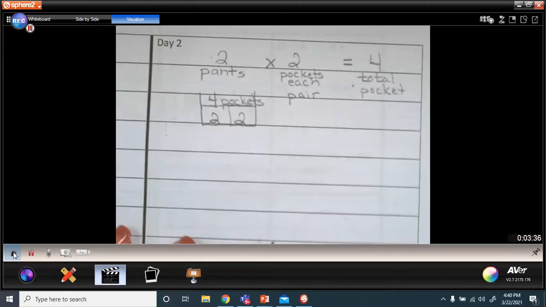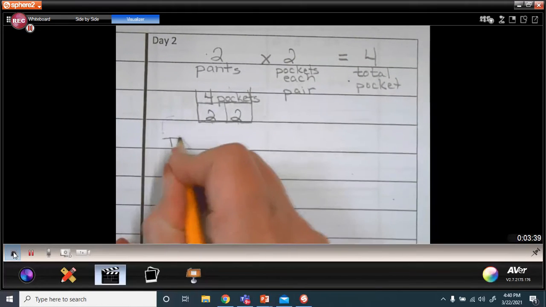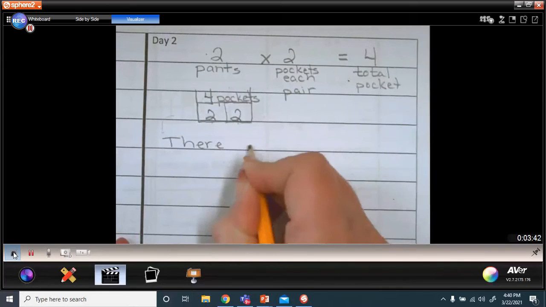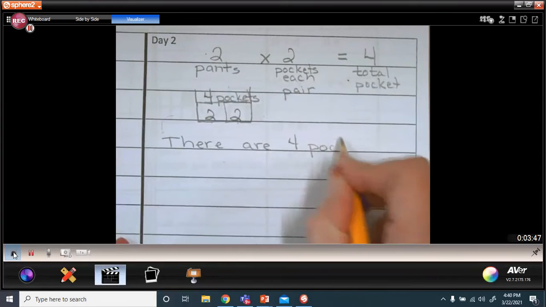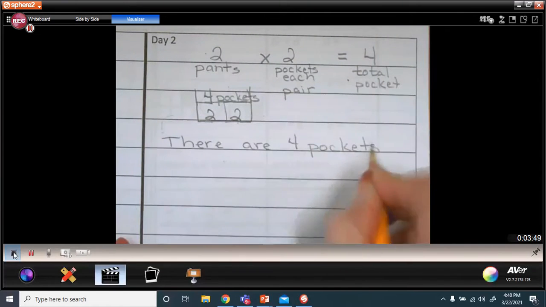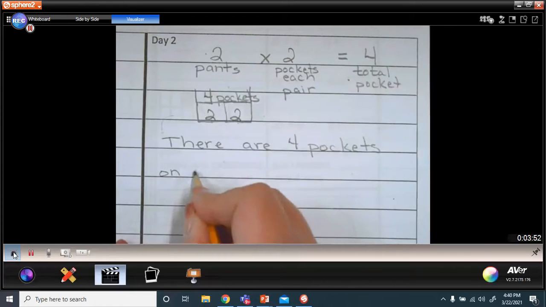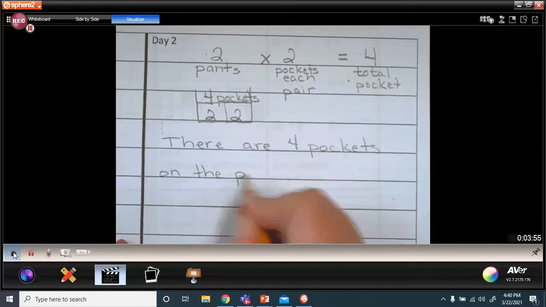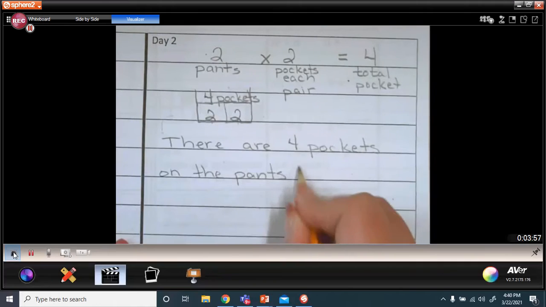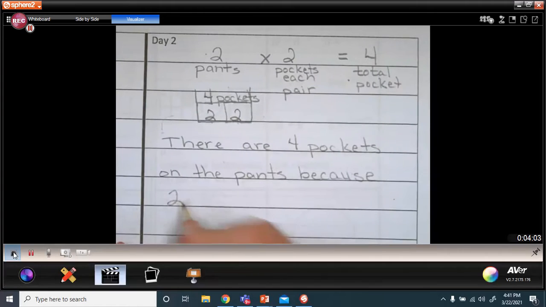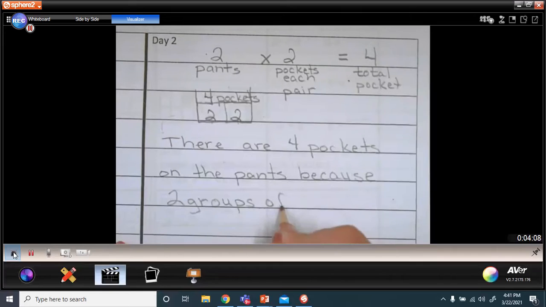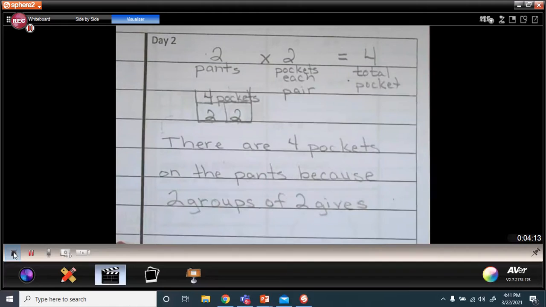So we can say in our response, there are 4 pockets on the pants because 2 groups of 2, or 2 times 2, right? 2 groups of 2 gives me 4 total pockets, right?